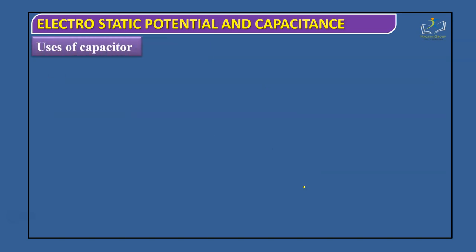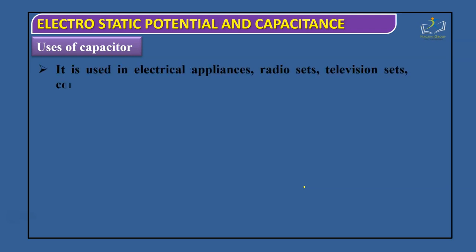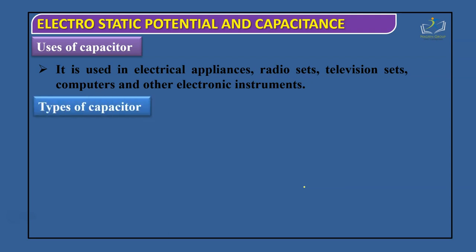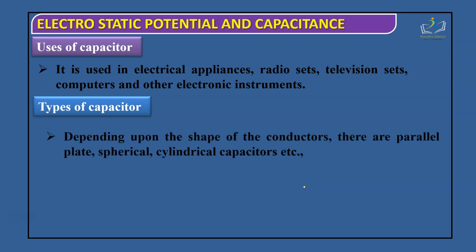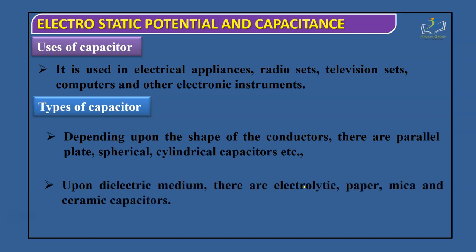What is the use of a capacitor? It is used in our electrical appliances, as I told you earlier: radio sets, television sets, computers and other electronic instruments. If I want to elaborate on how many types of capacitors there are, it depends upon the shape or the conditions of the conductors.